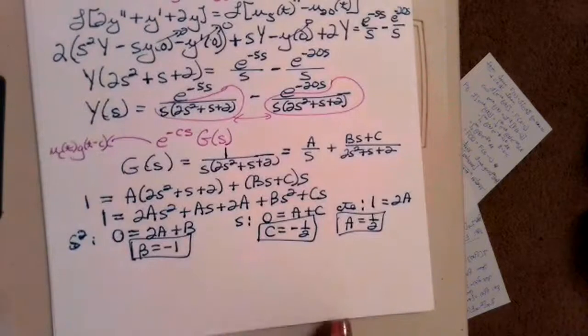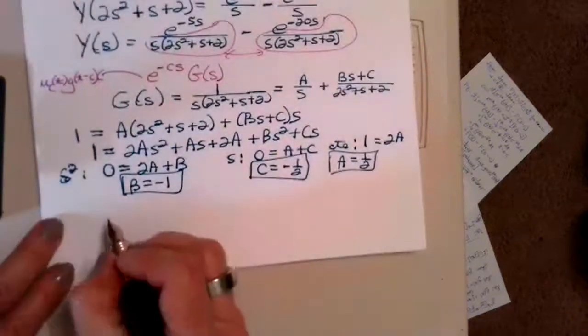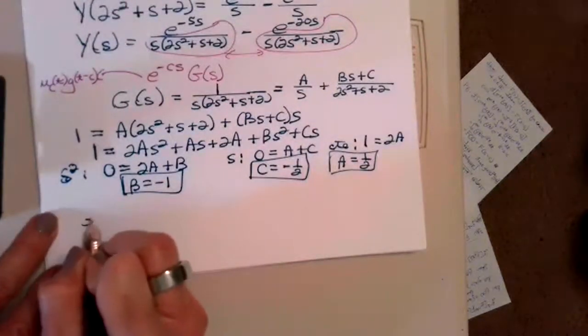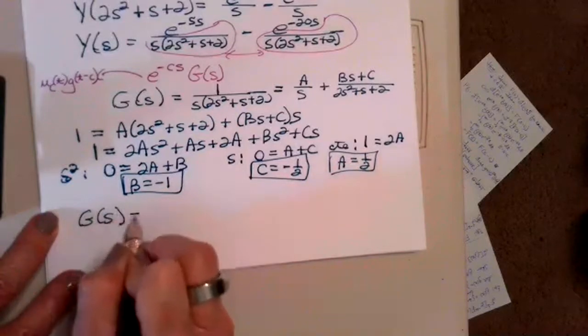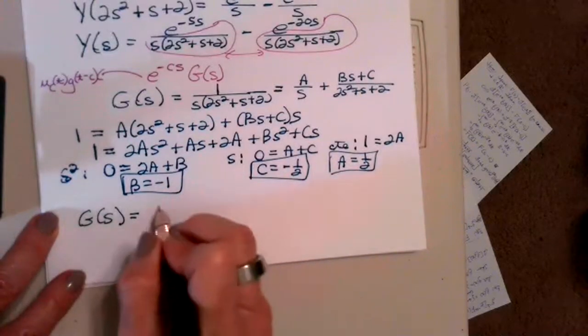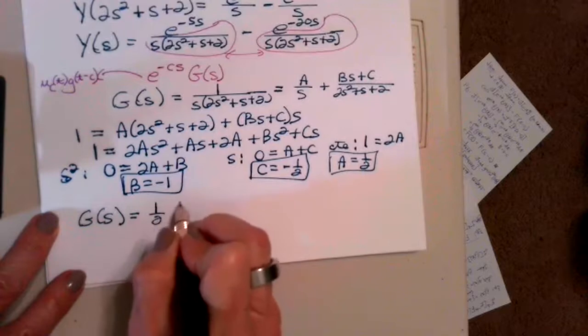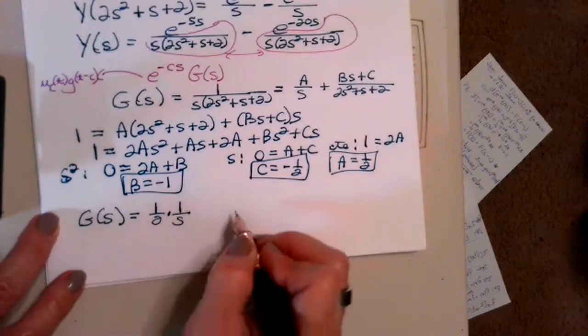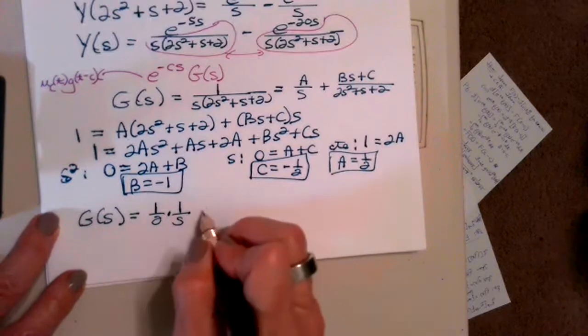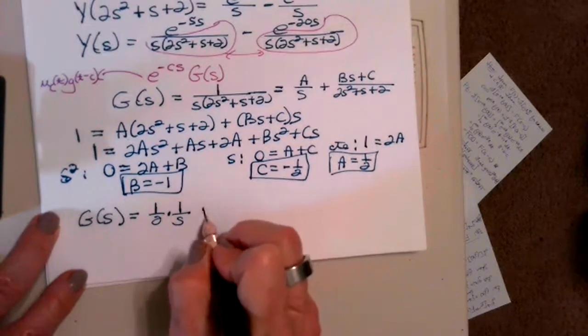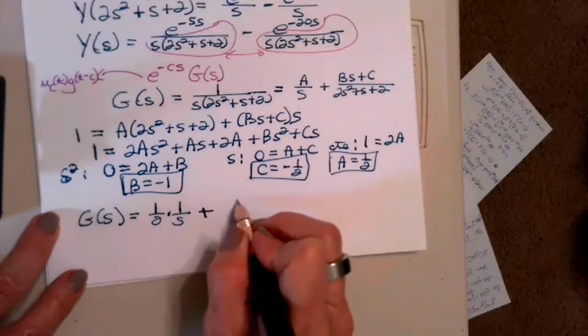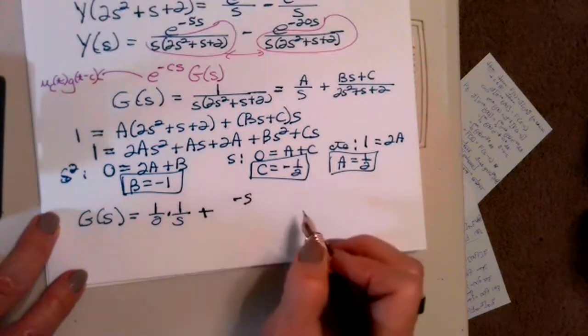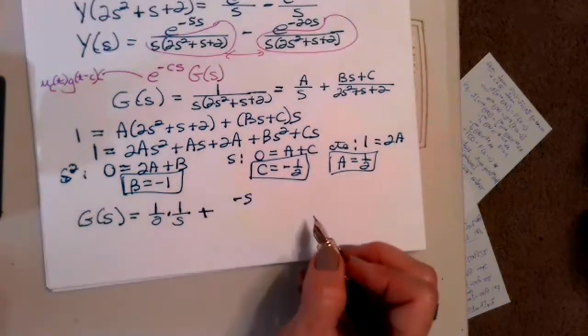All right, so this was pretty darn messy. So my G of s can now be written as 1/2 times 1 over s. That one's easy to invert the Laplace transform of. That one we got. And then B is minus 1 and C is minus 1/2.